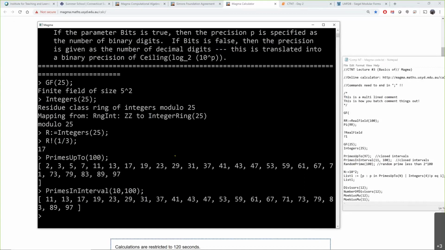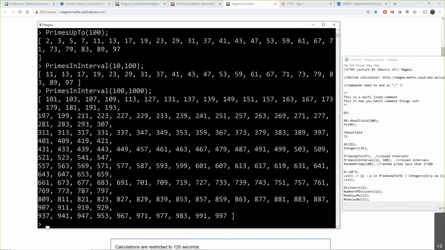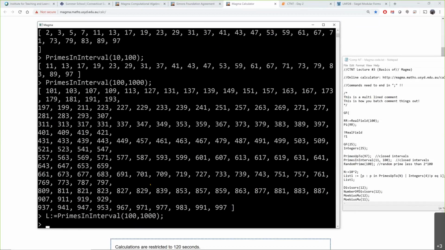Thank you. All right. So I can do an interval of primes between 10 and 100, or let's say between 100 and 1,000, and it gives me a list. I can call that list, and then I can call the elements in this list like that.